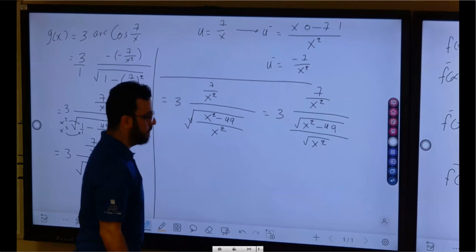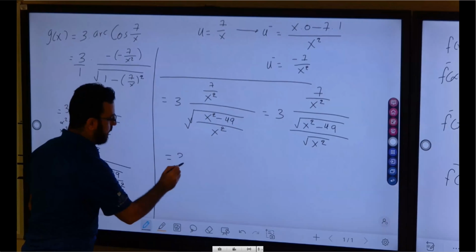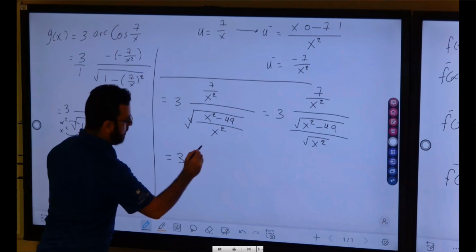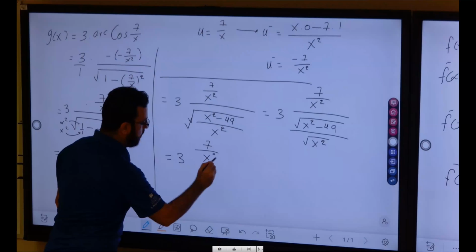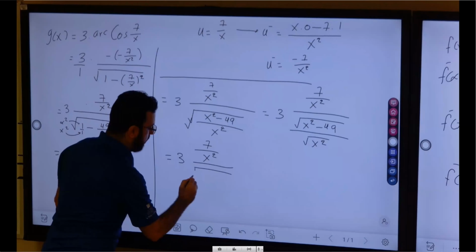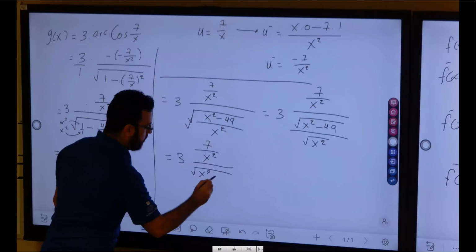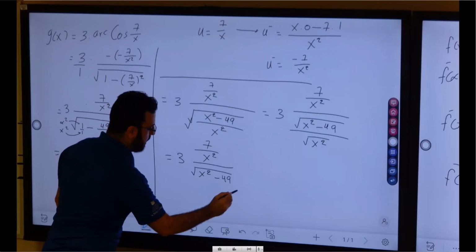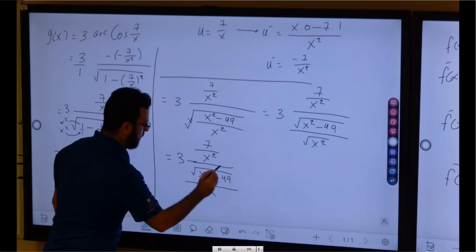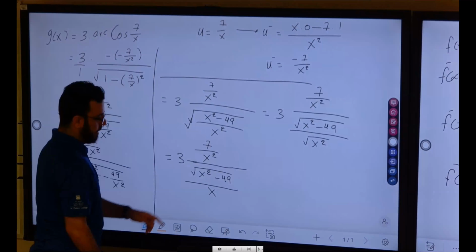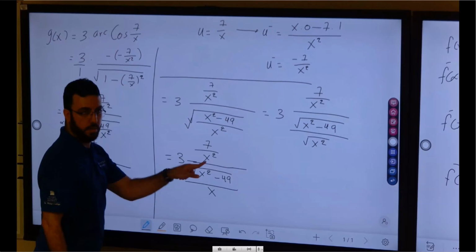Which is x. So it's going to be 3, 7 over x squared over the square root of x squared minus 49 divided by x. Can I simplify this x with this one?